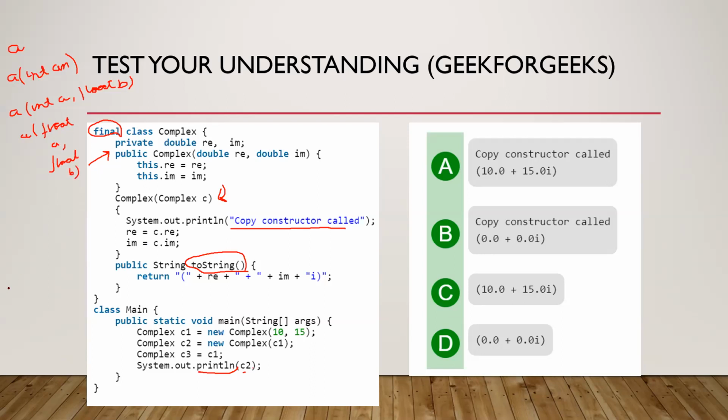Now tell me, let's say I am creating an object of class A. So I have said A1 equal to new A, and I have given two integer values, 10, 20.